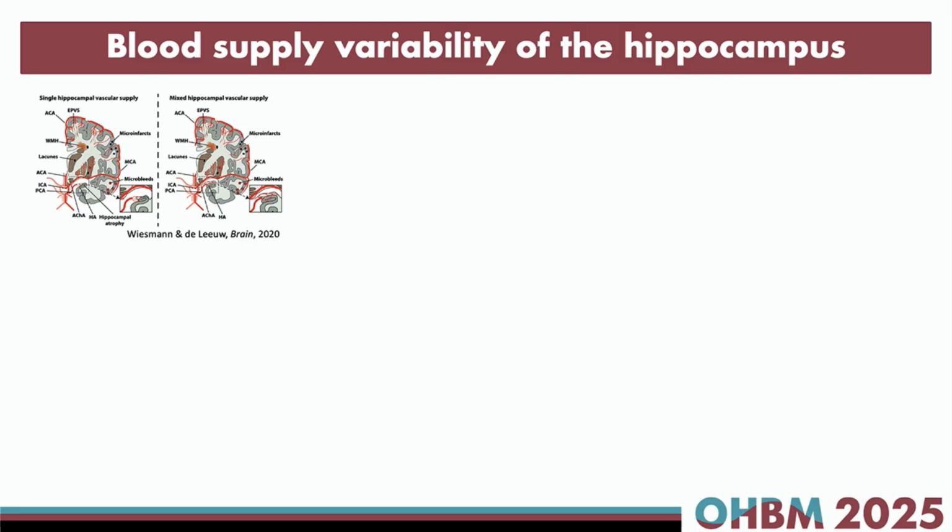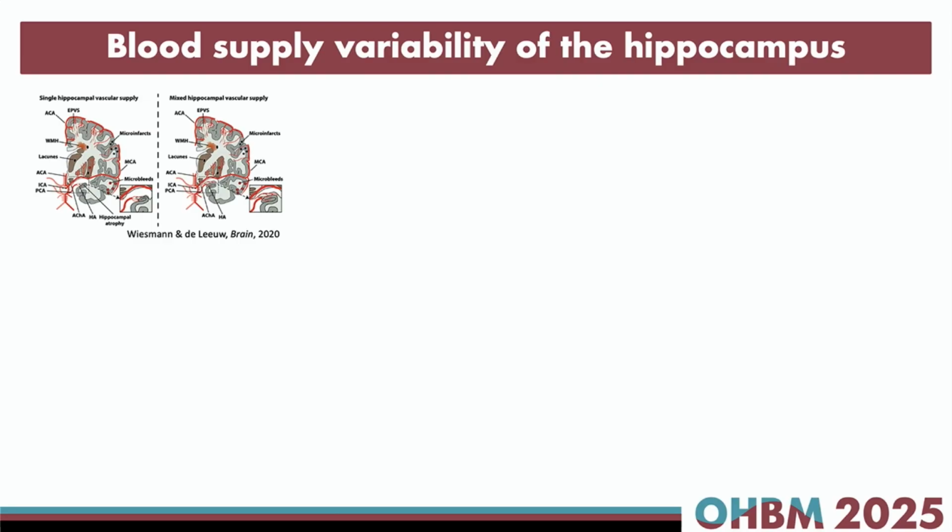So by and large, most people will have branching arteries feeding their hippocampus from the posterior cerebral artery, the PCA. However, some individuals have what's called the dual supply. If you have a dual supply, you have extra blood supply to the anterior part of your hippocampus from the anterior choroidal artery, or the ACA.